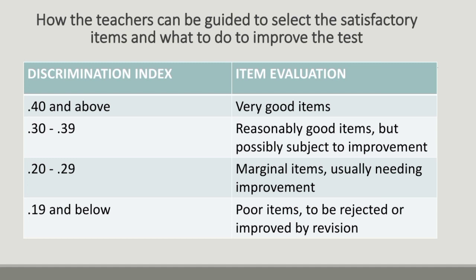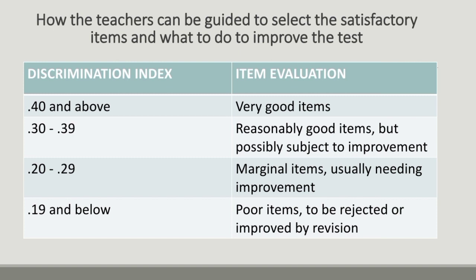For purposes of evaluating the discriminating power of items, Popham 2011 offers the guidelines proposed by Ebel and Frisbie 1991, shown below. The teachers can be guided on how to select the satisfactory items and what to do to improve the test. Discrimination index, item evaluation.